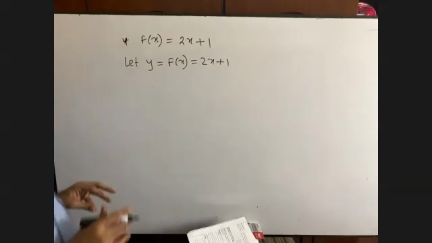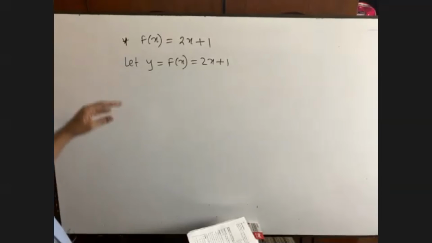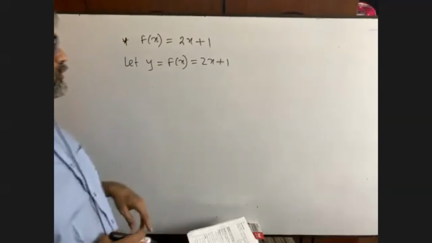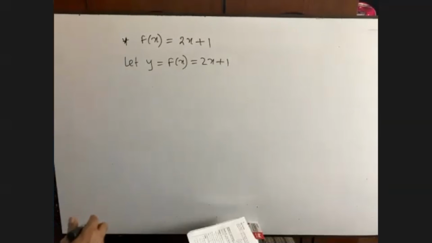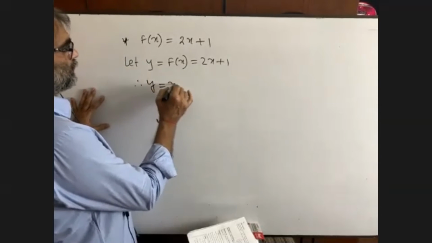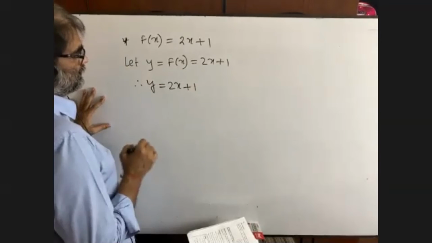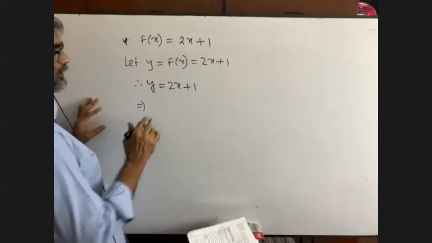When you have a math problem to determine whether it is an onto function or not, your first step is to let y be the function of x. Very good. From here we can write y equals 2x plus 1, right? And from this equation, you always have to determine the value of x.